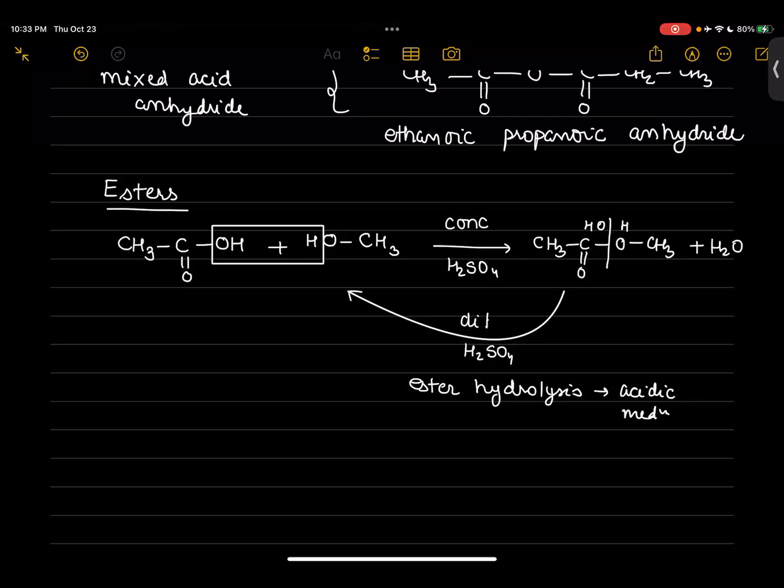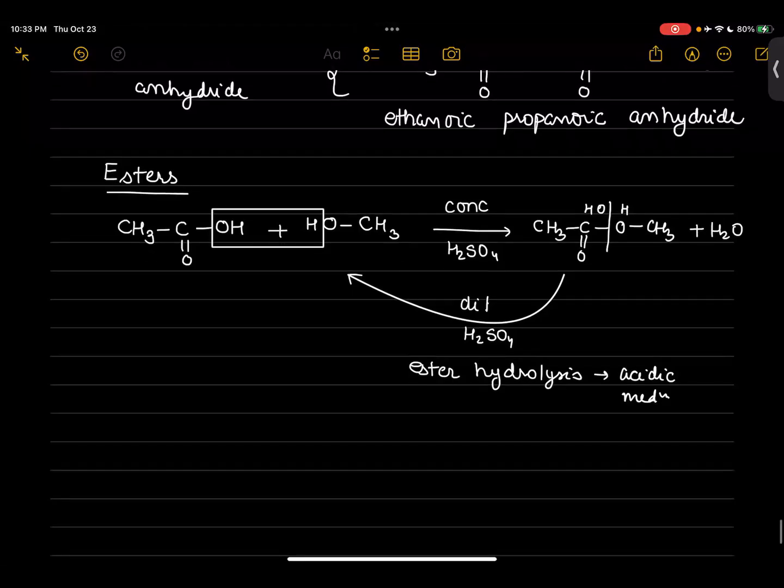So hydrolysis of esters, what all products are you going to get when you hydrolyze esters? Getting my point or not? So are you going to get only carboxylic acids? It is one of the preparations of carboxylic acid.